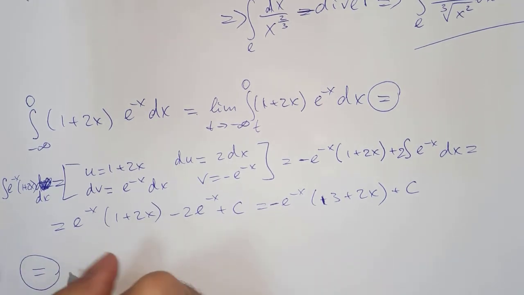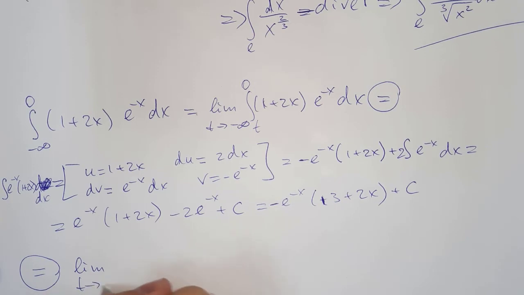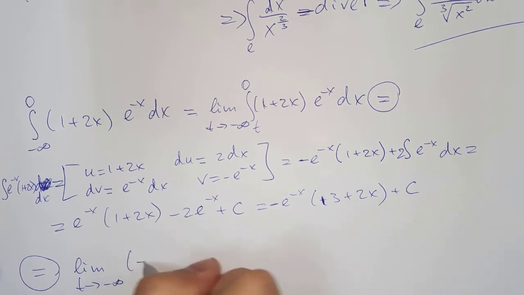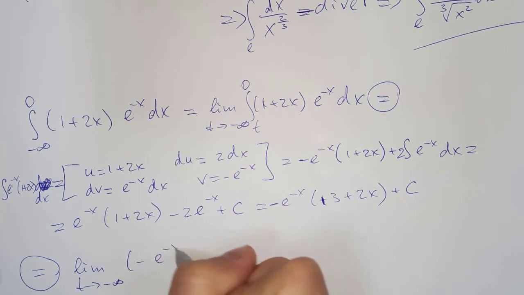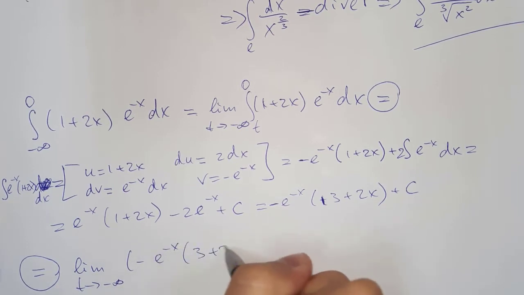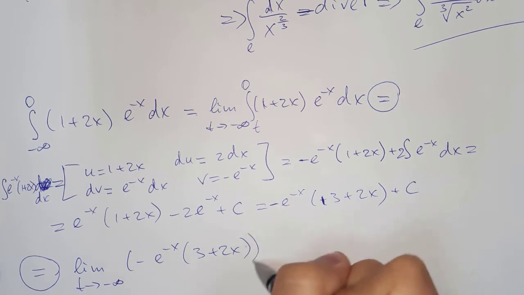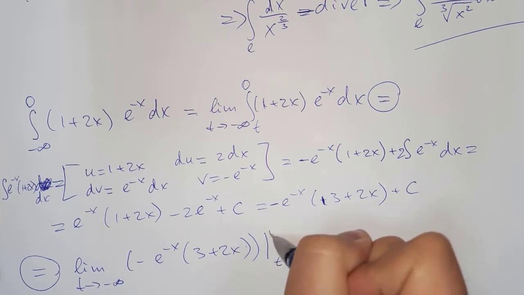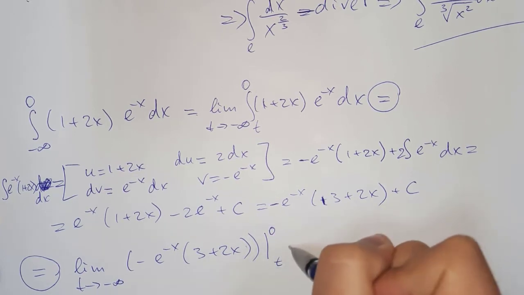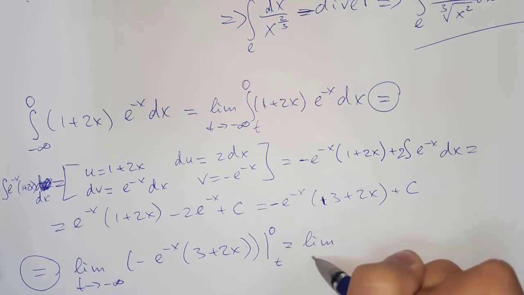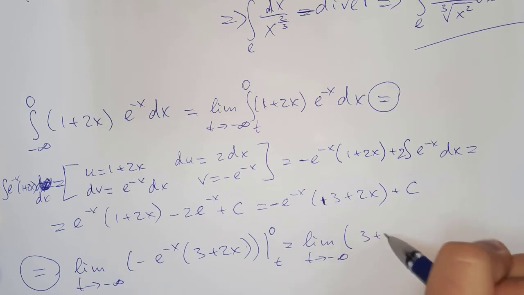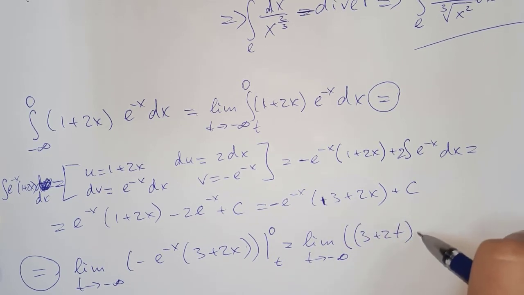The limit as t tends to minus infinity of minus e to the power of minus x times (3 plus 2x), from t to 0. Now it will be the limit as t tends to minus infinity of (3 plus 2t) e to the power of minus t minus 3.